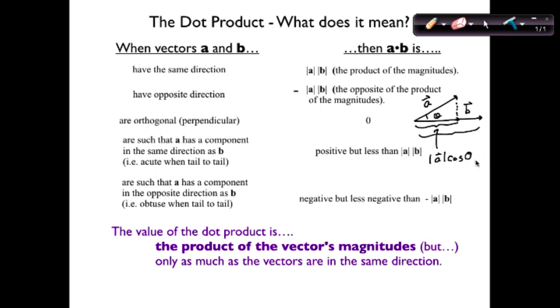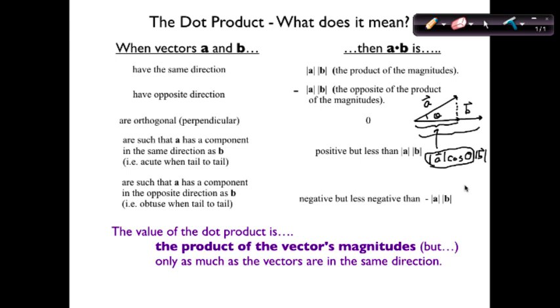And then times B. So now I've taken as much of A as is in the direction of B, and multiplied it by the magnitude of B. So this ends up being an alternate way of computing the dot product.